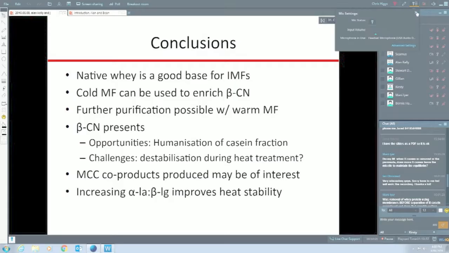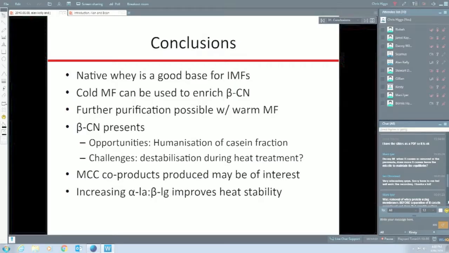But typically that's a slower process than the time frames that apply during membrane filtration. So the key there is actually time of holding prior to microfiltration. And generally you're talking about several hours of cold storage being required to maximize the release of beta casein into the serum phase.